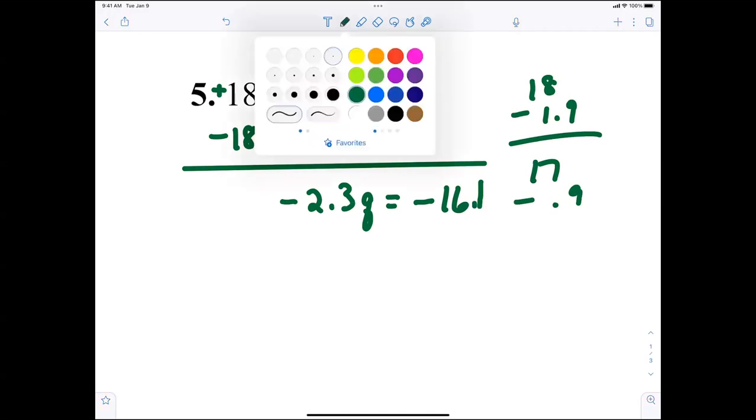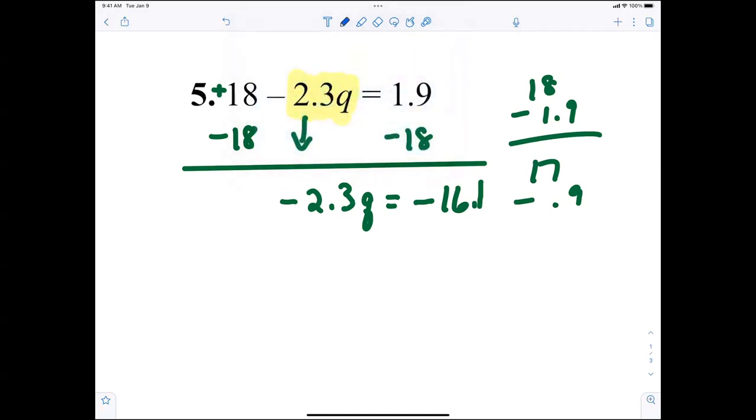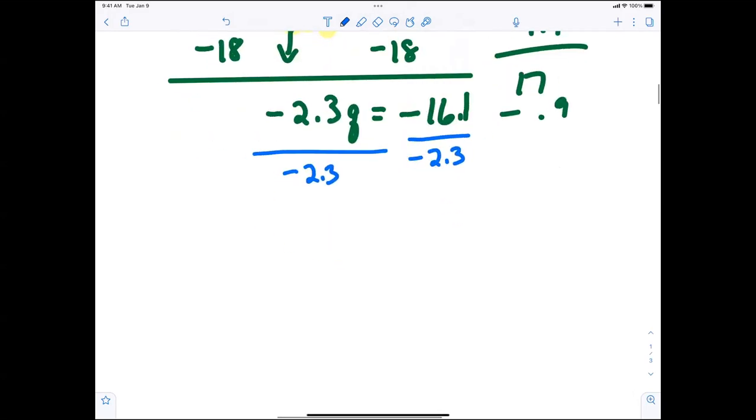Now, from there, we have to divide by -2.3, divide by -2.3. And now we say that Q is equal to, 2 negatives make a what? Positive. Now, what about the decimal here and the decimal here?